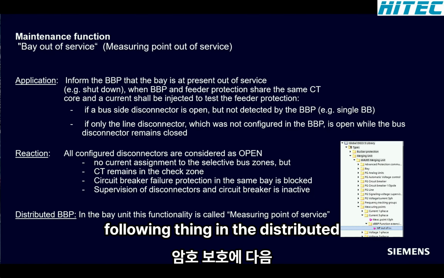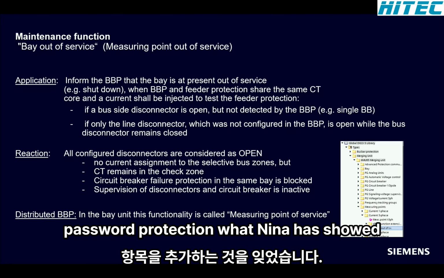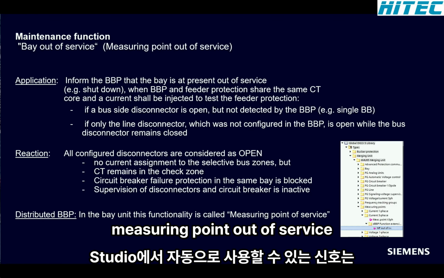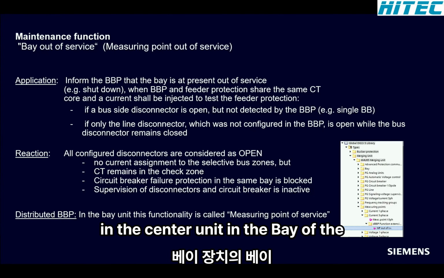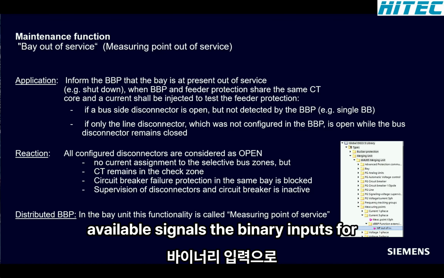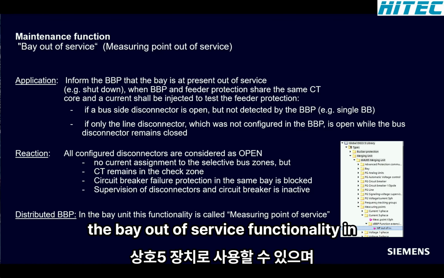In the distributed busbar protection, what Nina has shown to us, we call it bay out of service, measuring point out of service. In the central unit, in the bay of the 7SS85 series, you have automatically available the signals, the binary inputs for the bay out of service functionality.